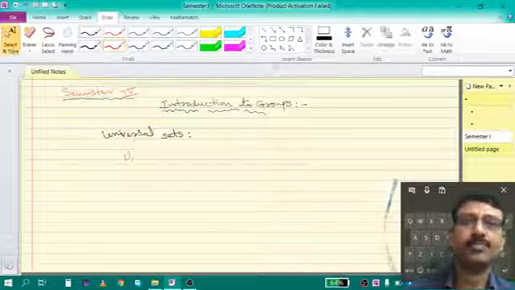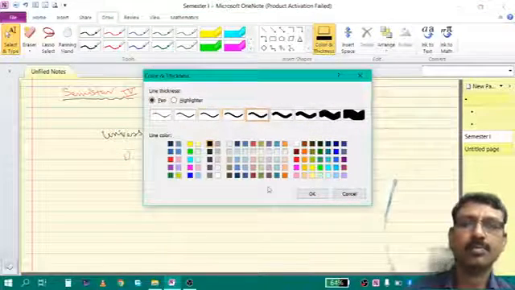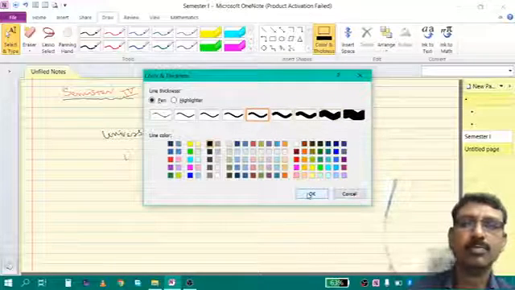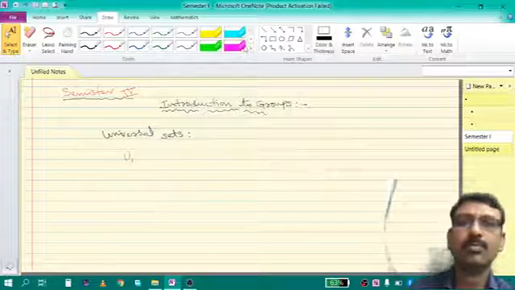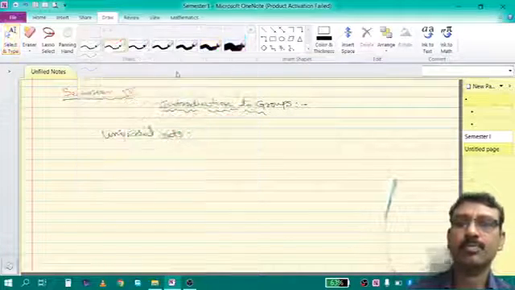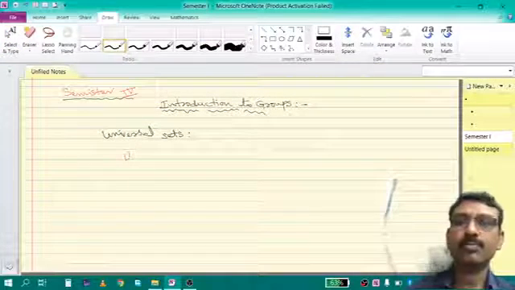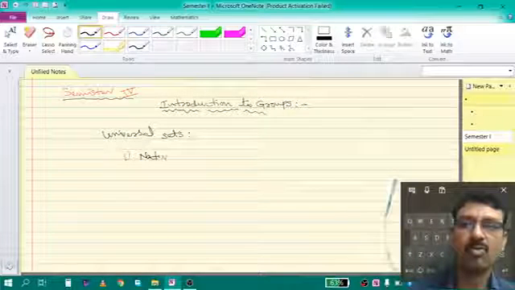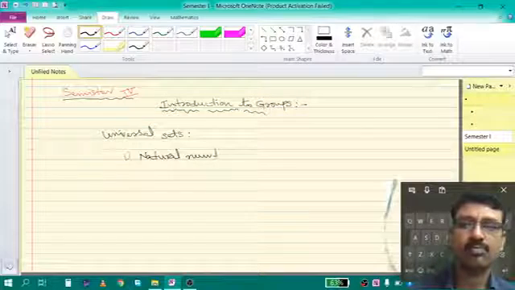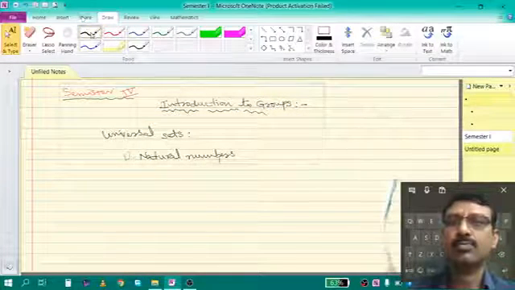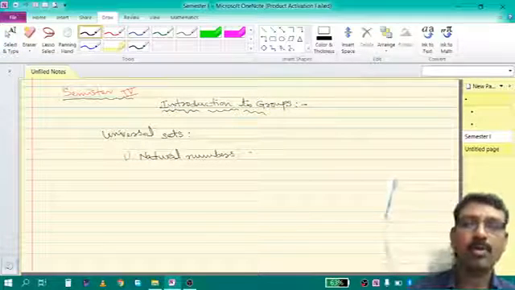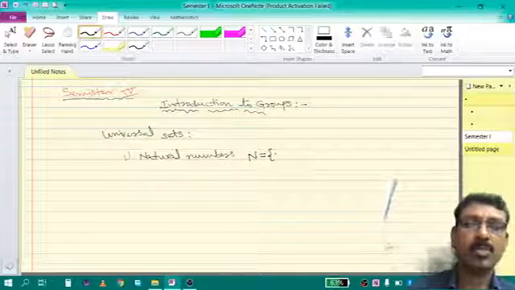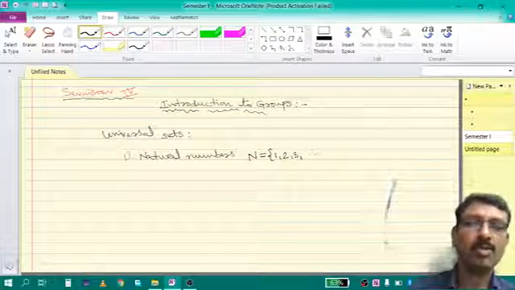The first one is natural numbers. All of you know the set of natural numbers is denoted by N, containing the numbers 1, 2, 3, counting numbers, and so on.